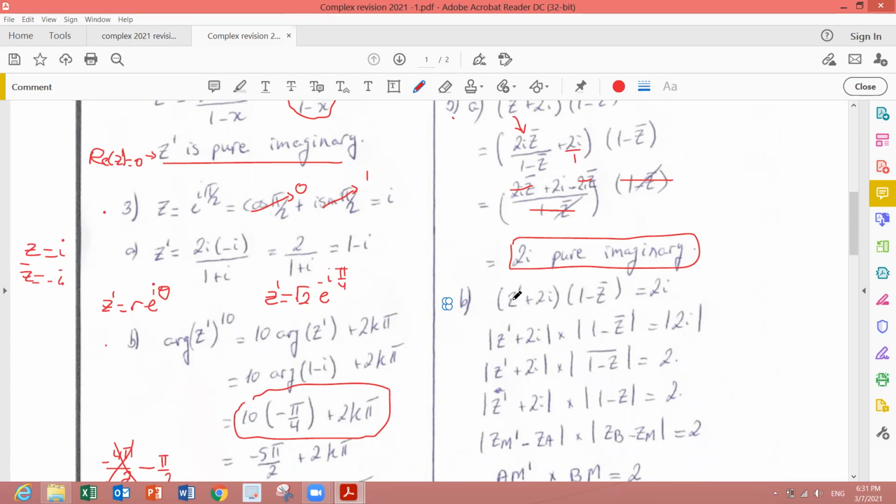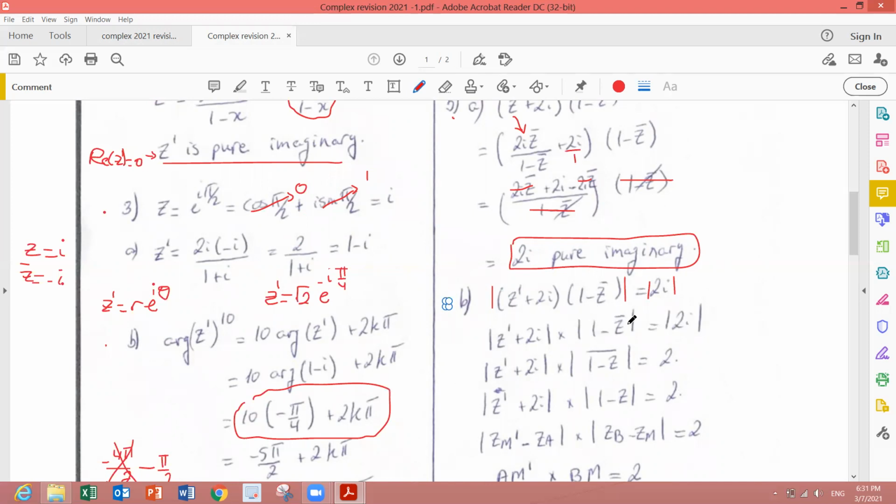Now I take the modulus of each side. The modulus of the product equals the modulus of the first times the modulus of the second: modulus of Z prime plus 2I times modulus of 1 minus Z bar equals modulus of 2I.